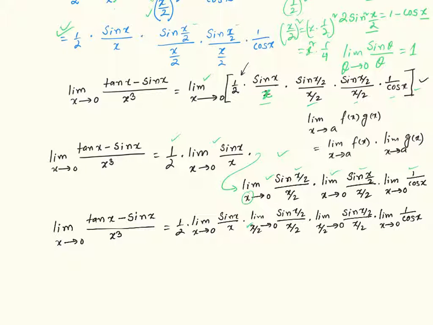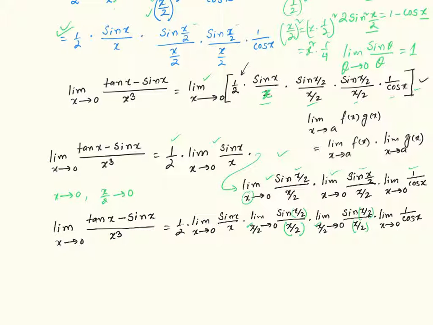By the way, if x approaches 0, then obviously x over 2 also approaches 0. Why did I do that? Because instead of x as an argument of sine, I have x over 2, and in the denominator I have x over 2. The same here, same here. This is just a clarification.